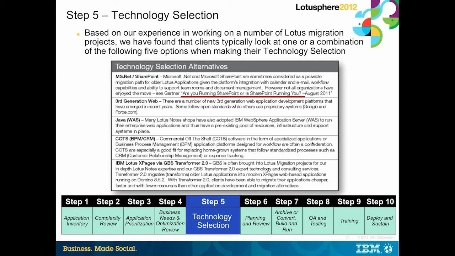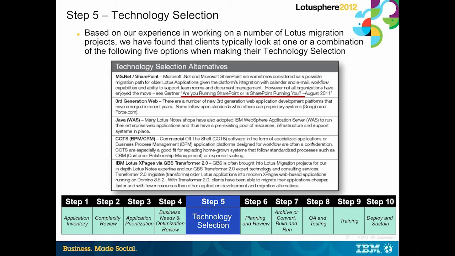So if you have one developer and it takes them 160 to 240 hours to migrate a single app to XPages, and that's assuming they've already learned, understand, and are fully equipped to develop XPages, then how many developers is it going to take to migrate the number of applications that you have? We're talking to organizations that have hundreds and even thousands of applications that they need to migrate. And there's just flat not enough developer hours in the day, in the week, in the month, in the year.